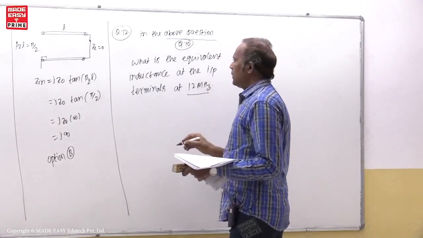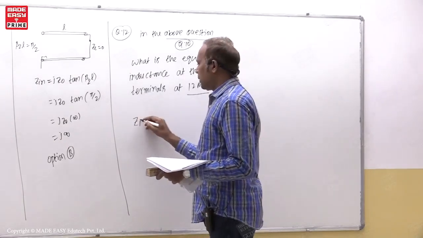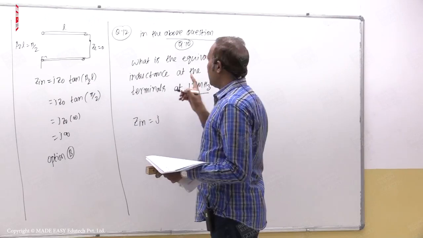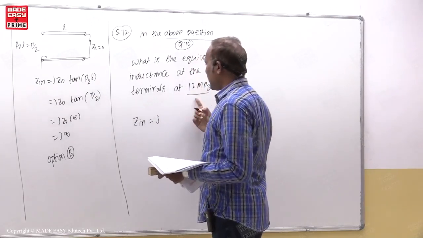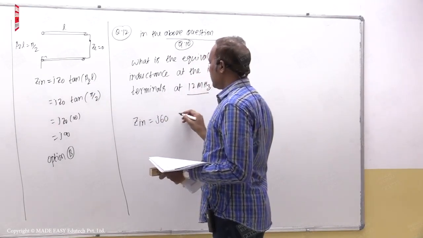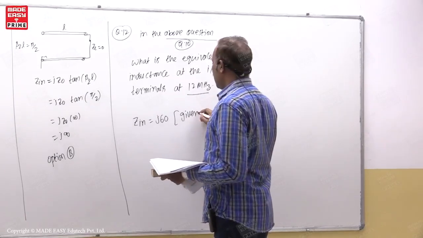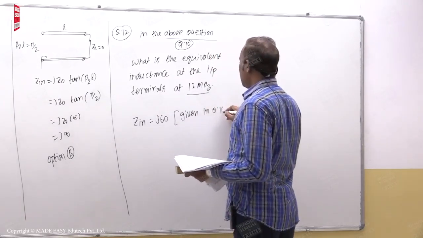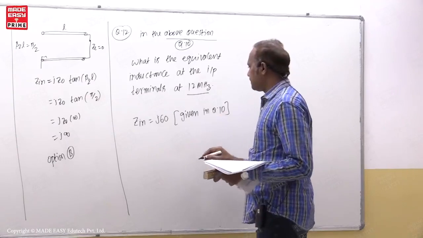That means the input impedance given in question number 10 at 12 MHz is j60. It is given in problem 10.